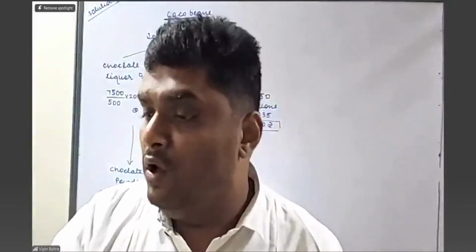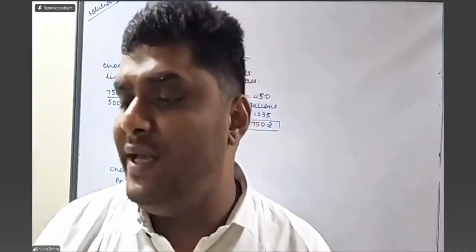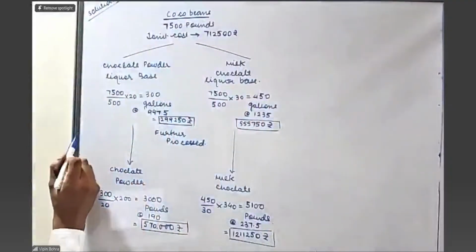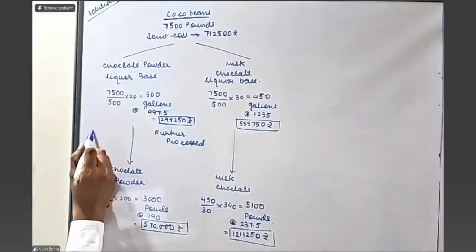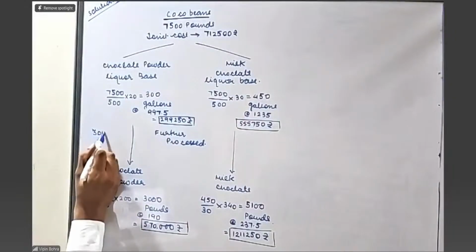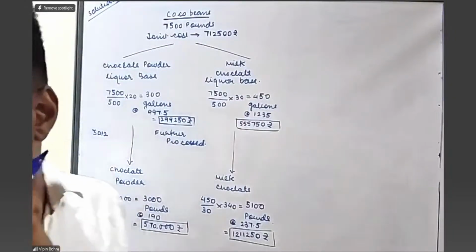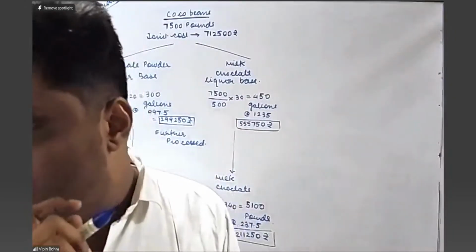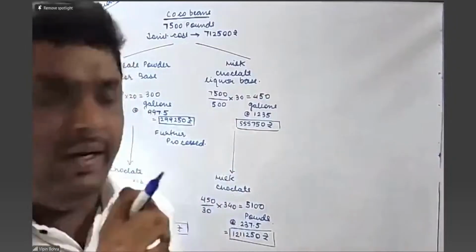And further information is given in the question as regards further processing cost also. After the table, in the first paragraph, the separable cost of processing chocolate powder liquor into chocolate powder is 3,02,812 rupees and 50 paisa.